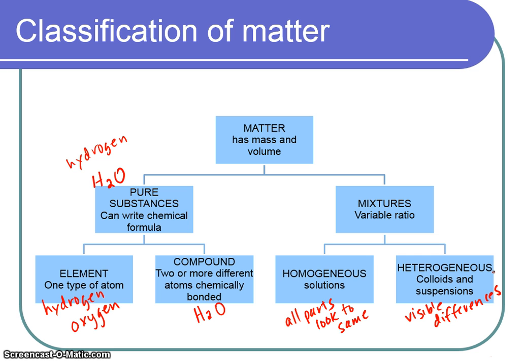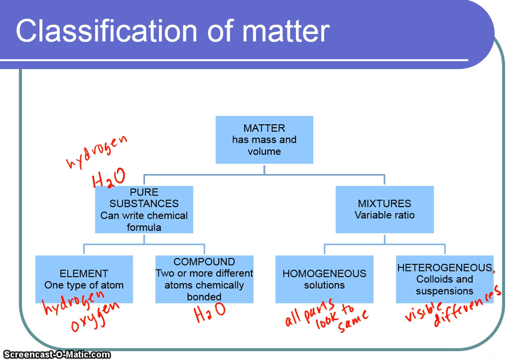If I think about things that are heterogeneous, I have different visible parts. So if I look at something like chocolate chip ice cream, okay, so that mixture, I can see the different chips in it. If I were to scoop, 1 scoop might have 10 chips, 1 scoop might have 15 chips. It's heterogeneous.